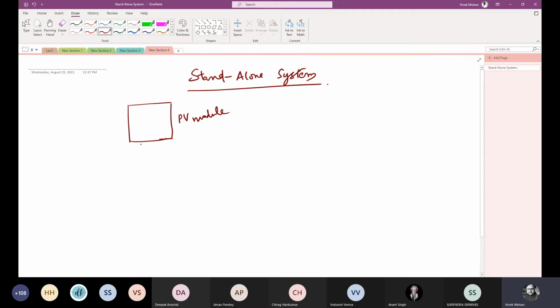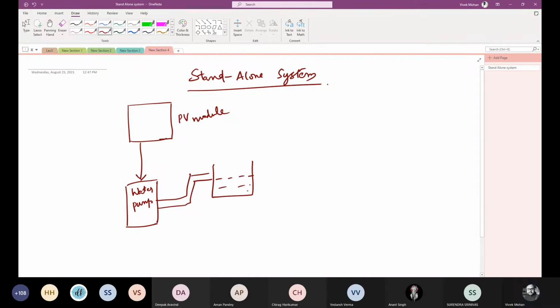And I'm connecting this to, I'm feeding a water pump, and water is pumped to some reservoir.